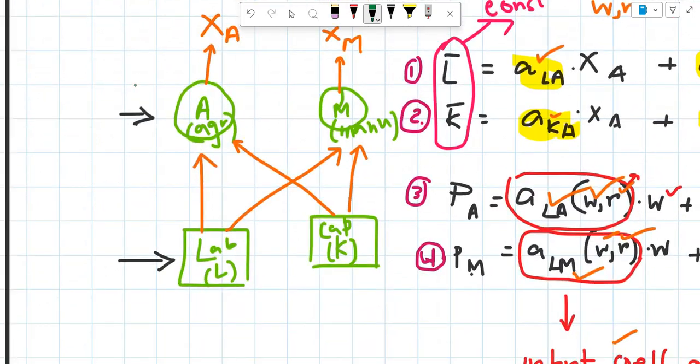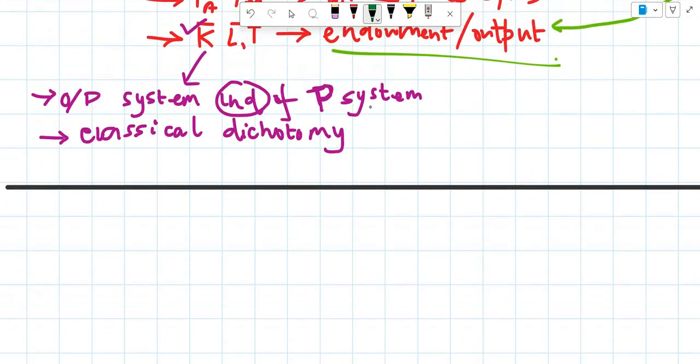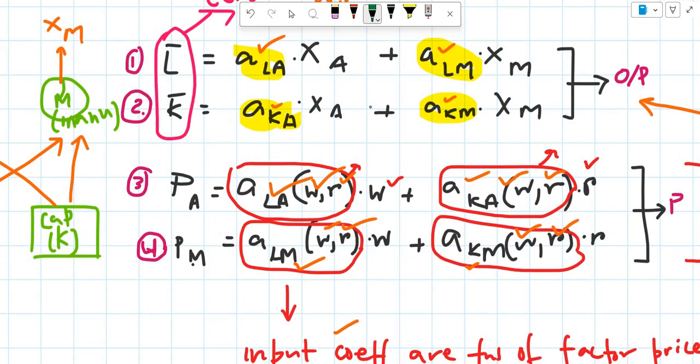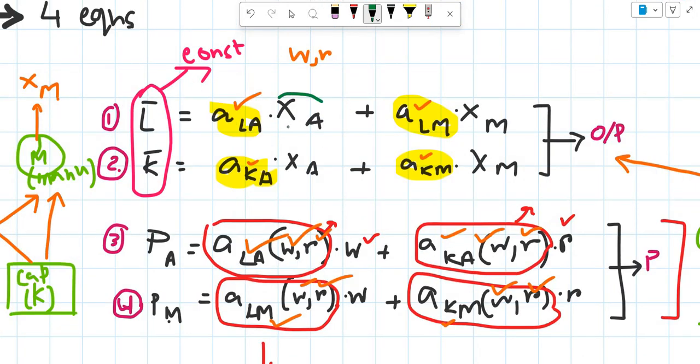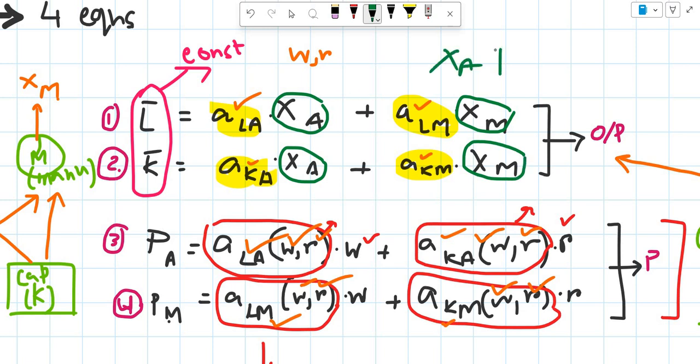Now this is where the decomposability property comes into play. The output system has to be independent of the price system. Think about it. These are the only variables that we can control or work with. Suppose for some reason XA increases.